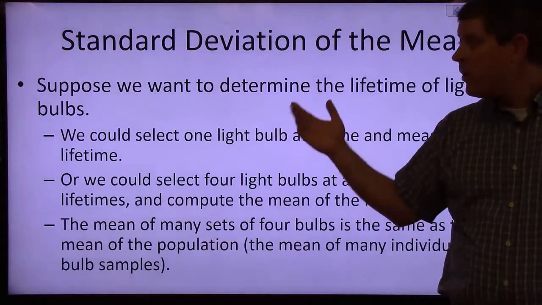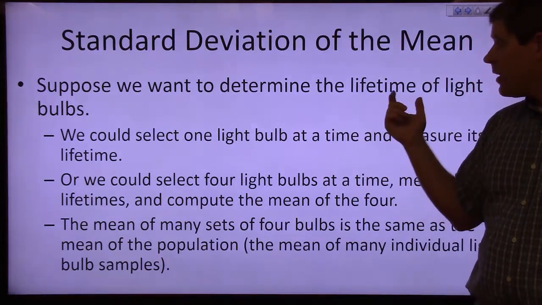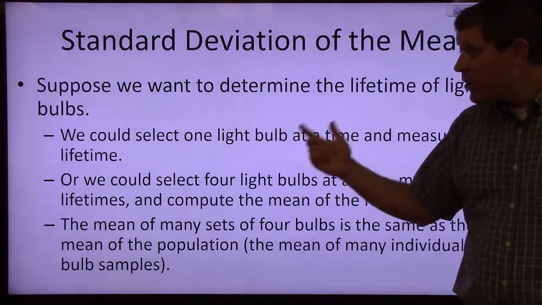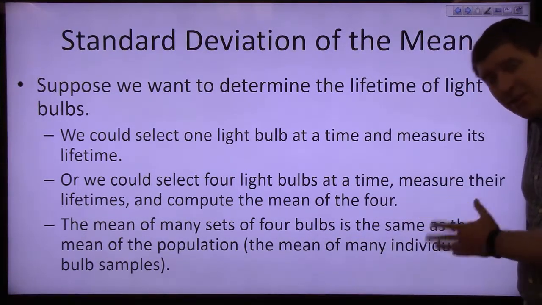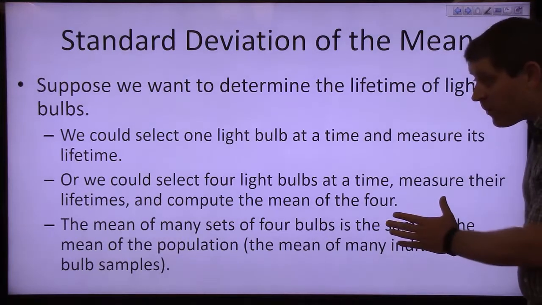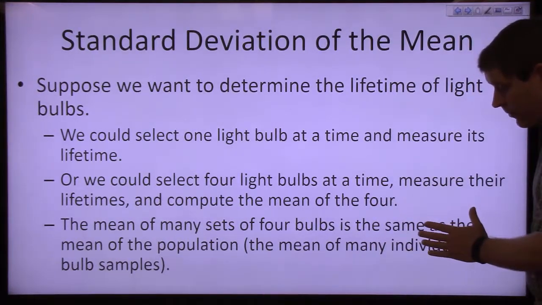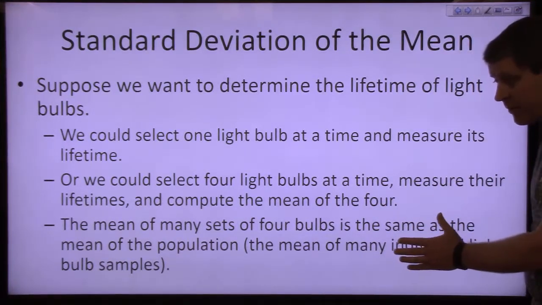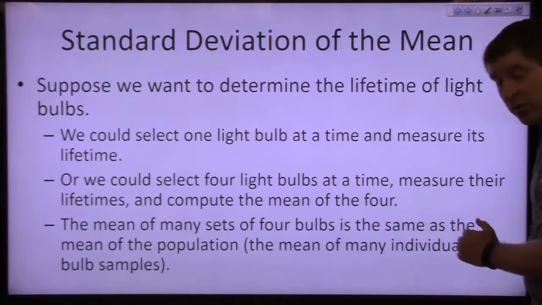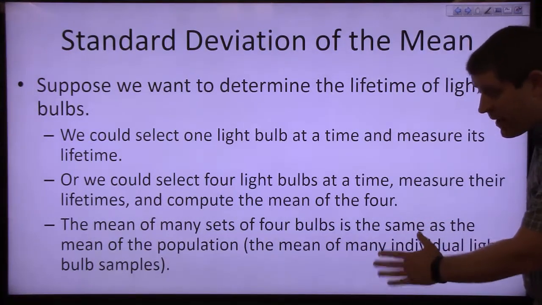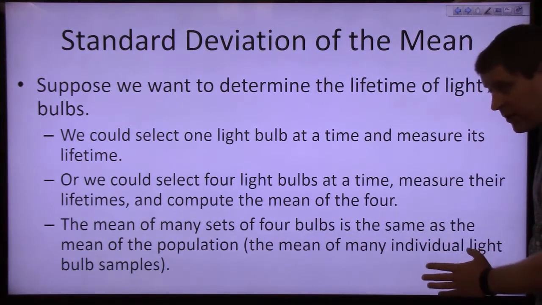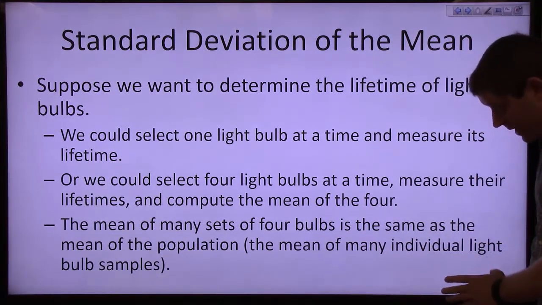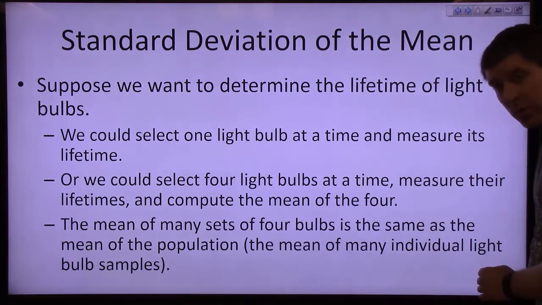So suppose that we want to determine the lifetime of light bulbs. We could select one light bulb at a time and measure its lifetime. Now that's going to take a really long time. Or we could select 4 light bulbs at a time, measure their lifetimes, and compute the mean of those 4. Now, the mean of many sets of 4 light bulbs is the same as the mean of the population, that is, the mean of many individual light bulb samples.